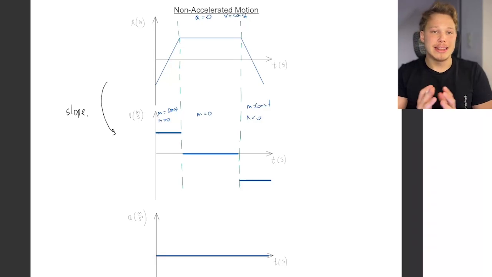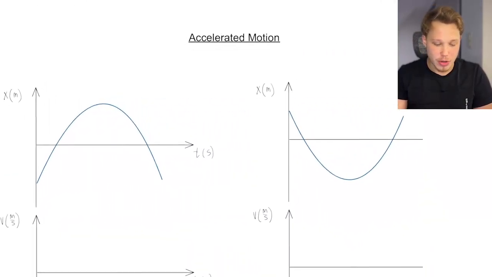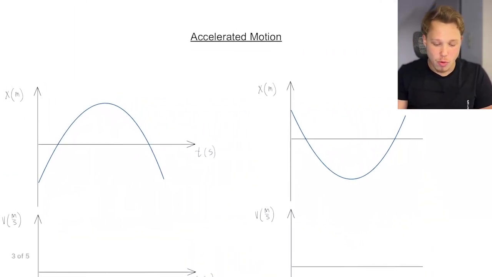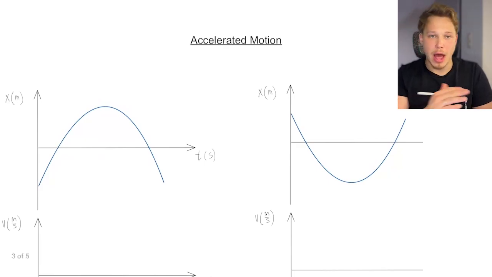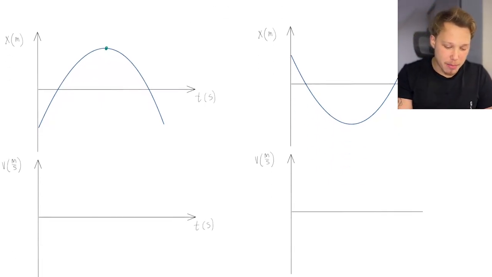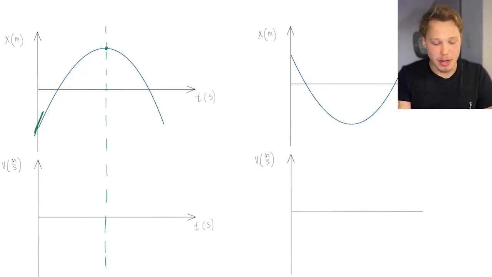Now that we looked at this example, let's take a look at the example of accelerated motion. So in the accelerated motion, we will basically either have an upward parabola or a downward parabola. Just like with the previous example, we will break it down into two. So in this case, our velocity is positive, because this line is going up, so I'm approximating with a line.